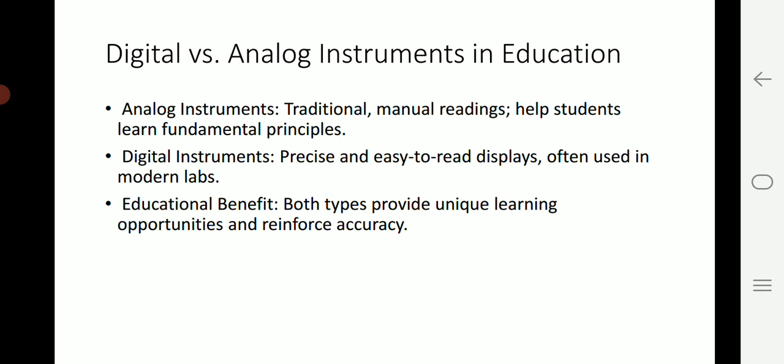Digital versus analog instrumentation in education. Digital means logic 0 and logic 1, and analog means it varies continuously with respect to time. Analog instruments are traditional, with manual readings that help students learn fundamental principles, and digital instruments are precise and have easy-to-read displays, often used in modern labs.